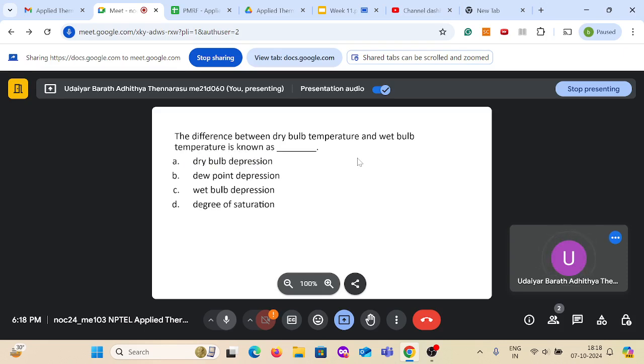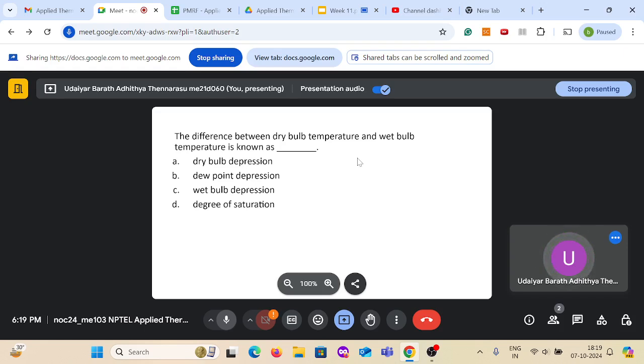The next is, the difference between dry bulb temperature and wet bulb temperature is known as. Dry bulb temperature is your air temperature, and wet bulb temperature is when the wet wick is in equilibrium with the air.